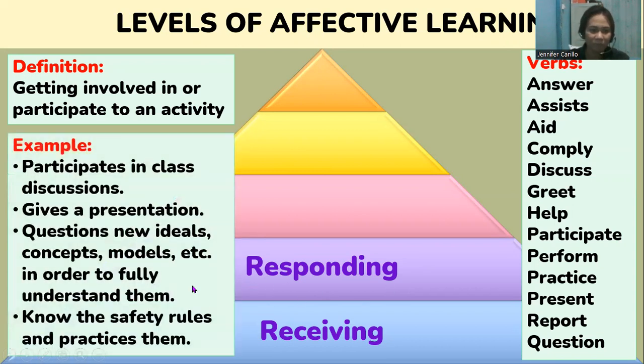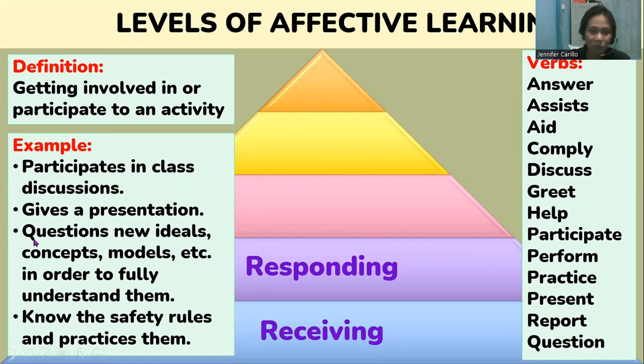For example, participates in class discussion. We need to check this skill. Gives a presentation. For example, the student will share his or her output to the class. Another one, questions new ideas. Being curious and inquisitive is the start of wisdom.